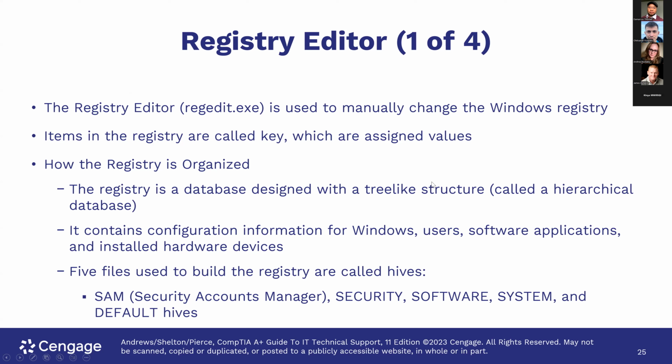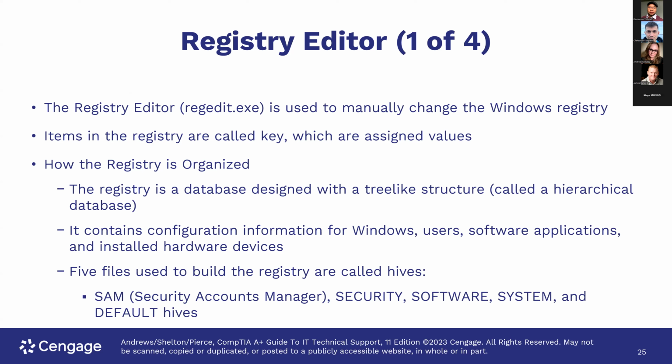Okay, so here's the registry, and in this class we don't focus a lot on it, but you just have to be aware of where it is, what it looks like, and how it's structured. The registry editor is used to manually change the Windows registry.